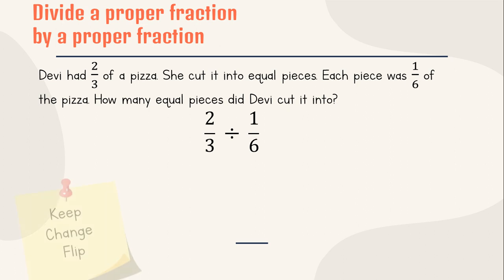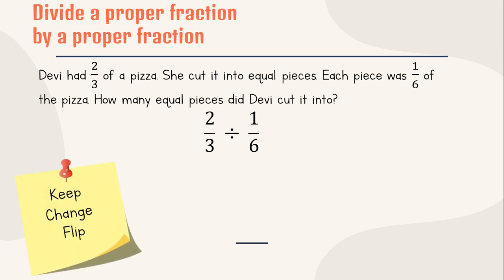Remember the steps: keep, change, flip. So what will we keep? This 2/3. What will we change? Division into multiplication. And now what will we flip? We have 1/6 at first, and now we flip it into 6/1.